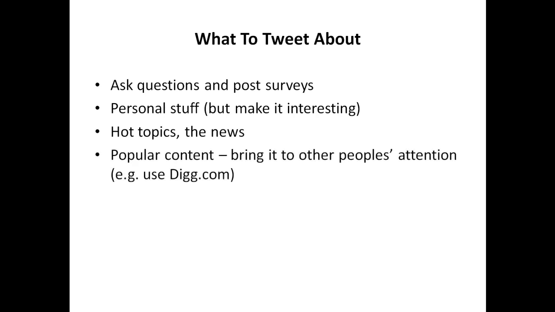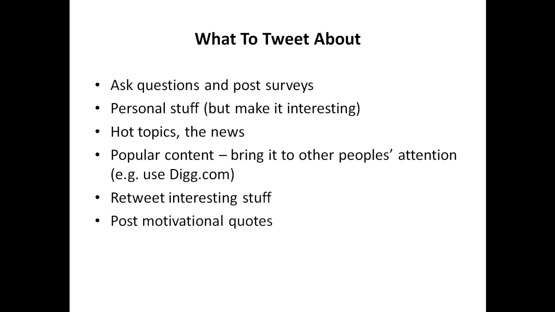And you can bring to people's attention popular content from the web. Using Digg.com is an excellent source to find topics. You can also retweet other interesting tweets and post motivational quotes. But we recommend that you stay away from politics and religion.